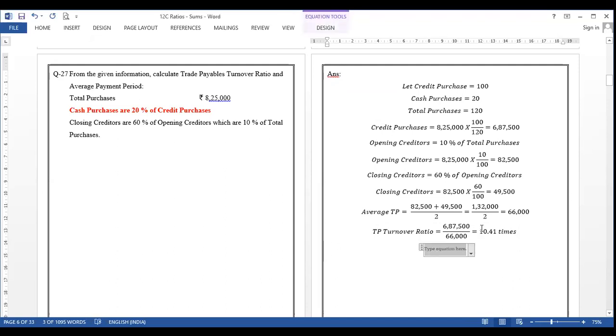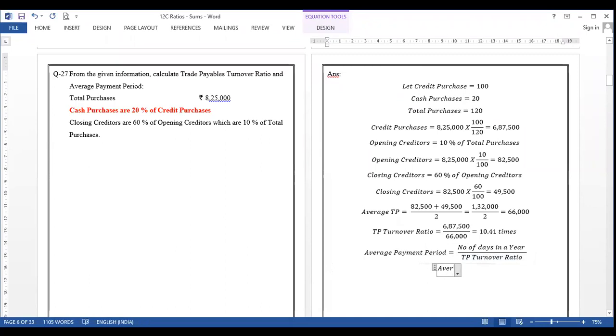Now we need to calculate the average payment period. This is number of days in a year upon trade payables turnover ratio. Yes, let us apply the values and get the answer.